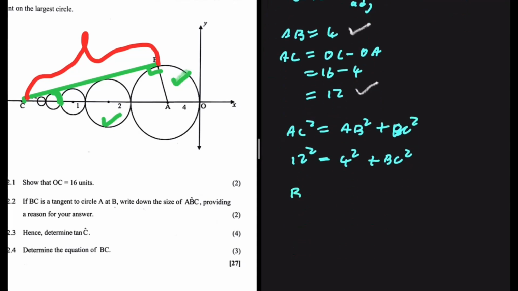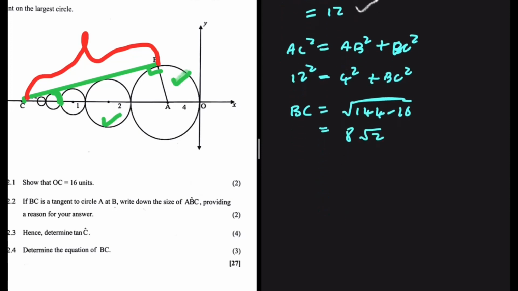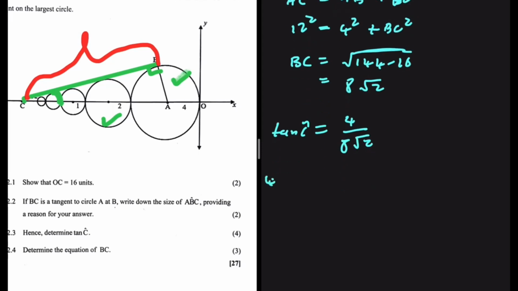So it should be easy to see that BC is equal to the square root of 144 minus 16. This is equal to 8 square root of 2. So now we can say that tan of angle C is equal to the opposite, 4 units, divided by the adjacent, which is 8 square root of 2. We can further simplify that, but let's just leave it like that.